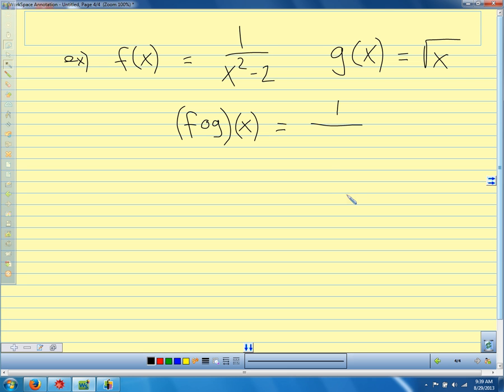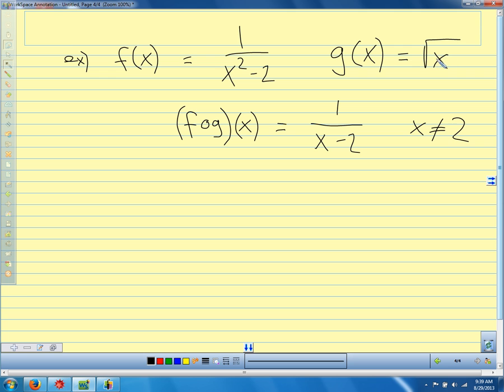Right. Square root of x squared is x times 2. So if we just looked at f of g, what would we say the domain restriction of f of g is? X not equal to 2. But we're plugging our number into g first.